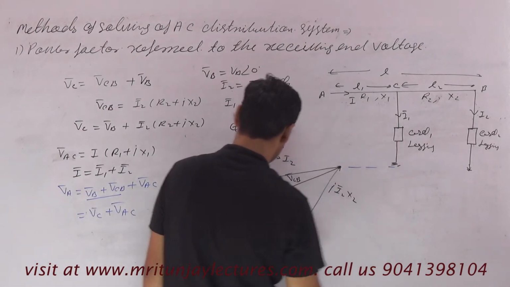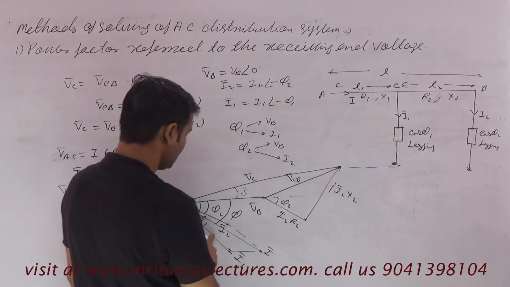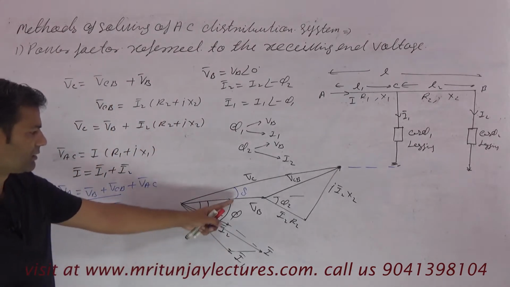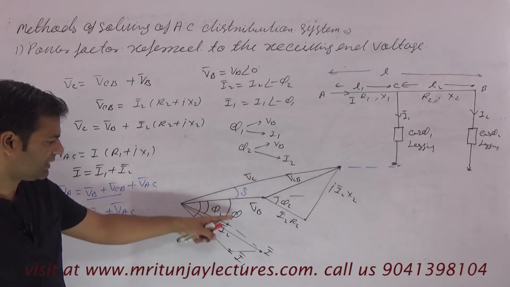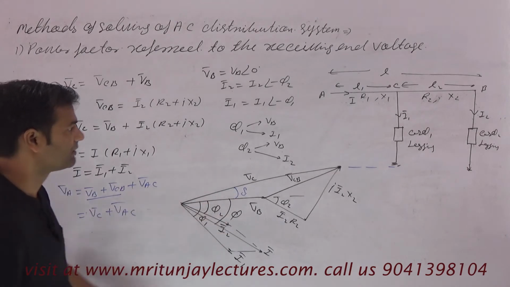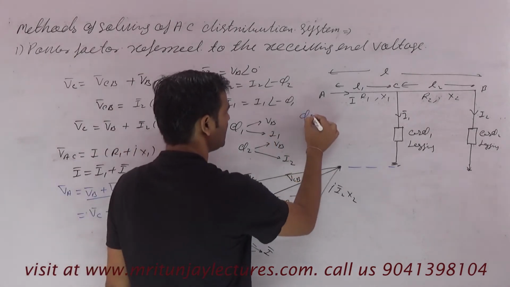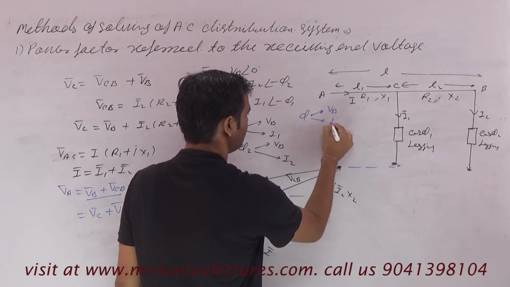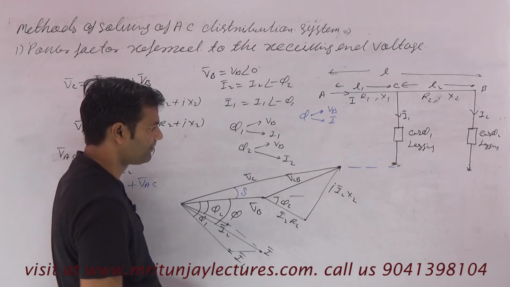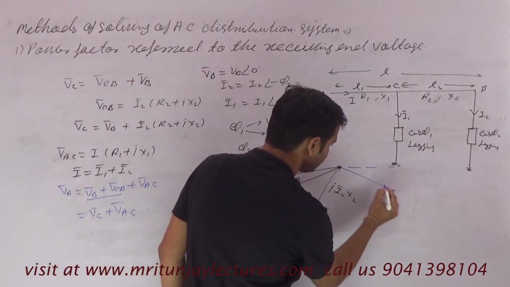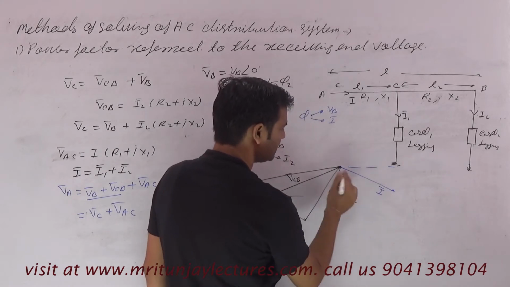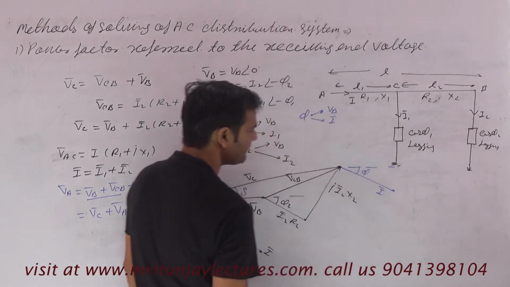And phi is the angle between VB and I. So I make it like this one, that is phi.